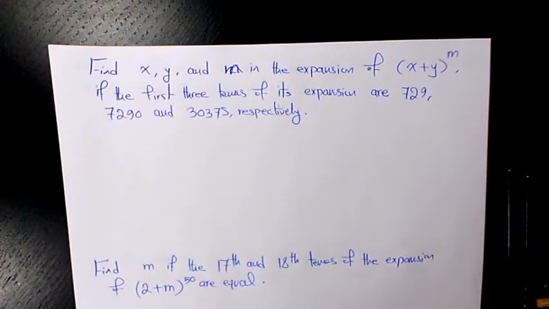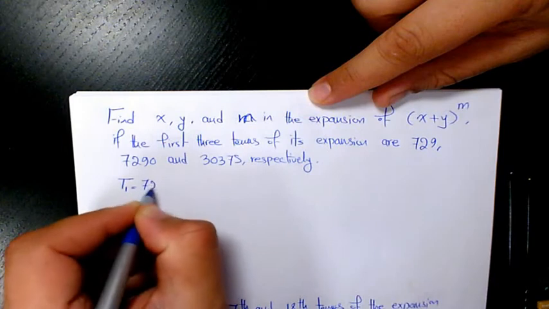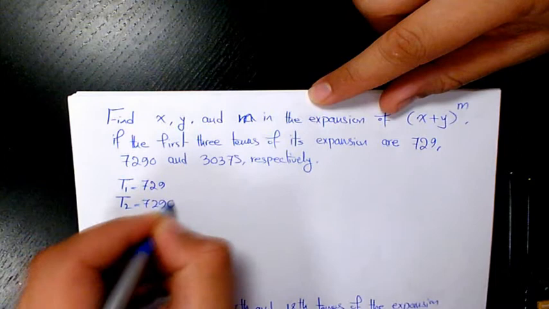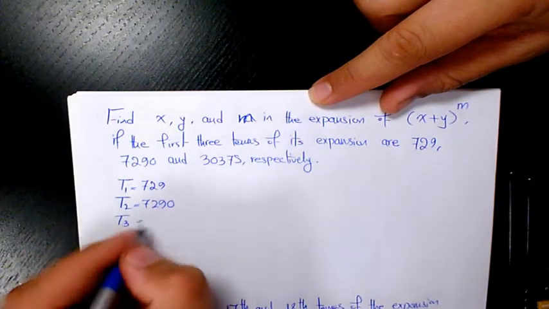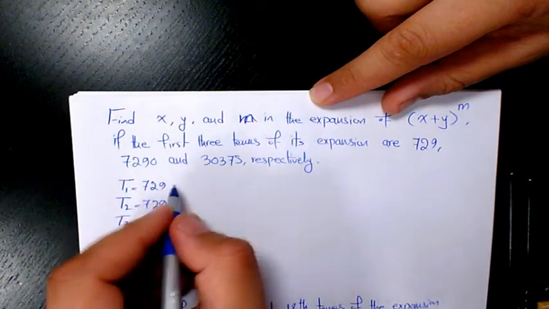It says: find x, y, and m in the expansion of (x + y) to the power of m if the first 3 terms of its expansion are 729, 7290, and 30375 respectively. So it means that T1 is 729, T2 is 7290, T3 is 30375.